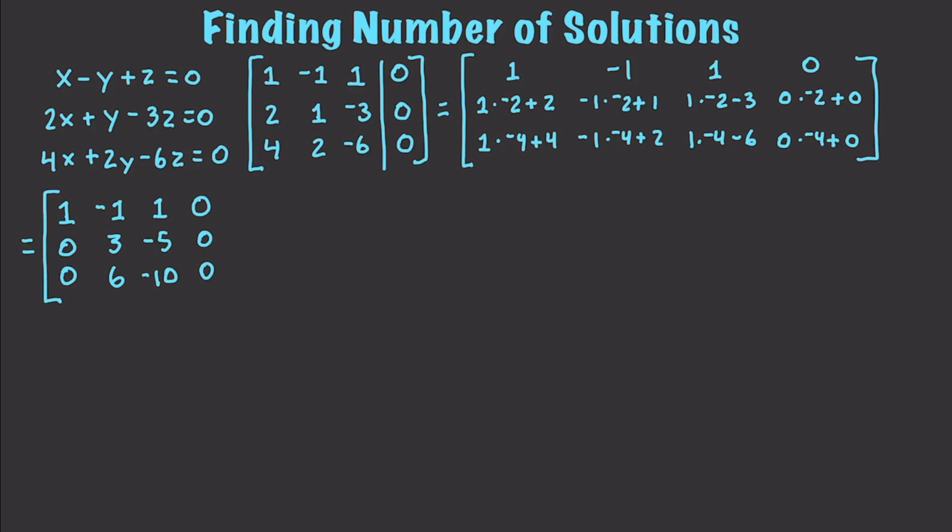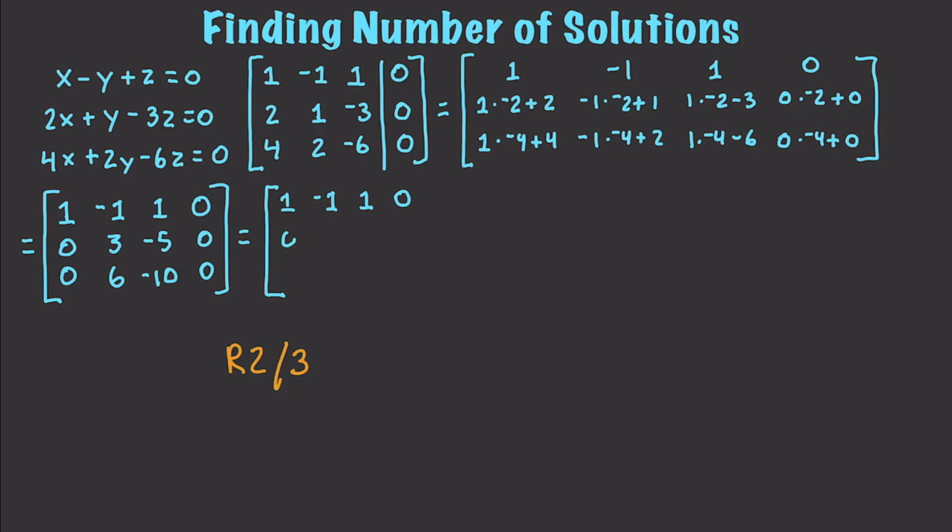So here is our new matrix. And what do we need to do next? Well, we need to take row 2 and divide it by 3 to give us a value of 1. And I'm going to do that directly inside of here because that's pretty easy to handle. So this is going to then be equal to 1, negative 1, 1, and 0.